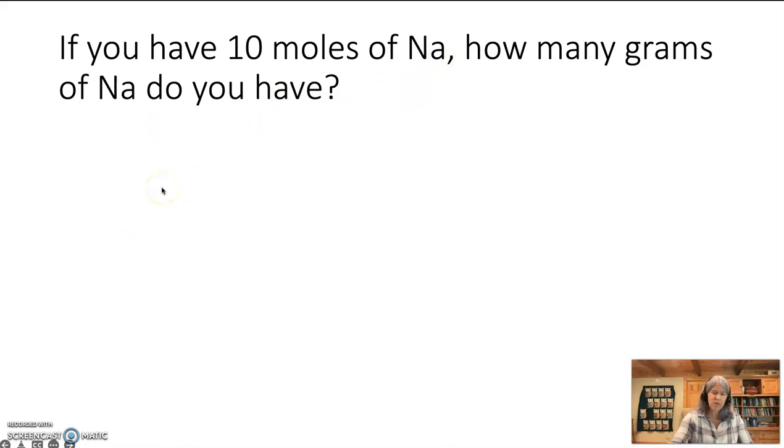Okay, in doing this kind of problem, we want to realize we're just doing a conversion. And we're going to start with what we're given in the problem, which in this case is 10 moles of sodium, Na. And we want to find out how many grams that is. So that means we want to convert this to get an answer that's going to be in grams of sodium.